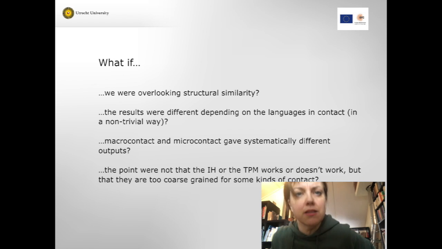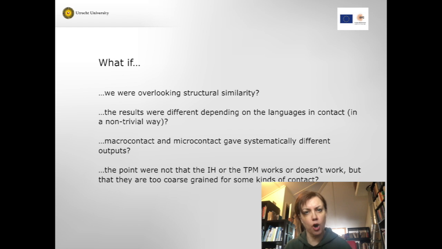What if contact between these kinds of languages gave results that were totally different? What if microcontact and macrocontact, as I said before, gave systematically different outputs?